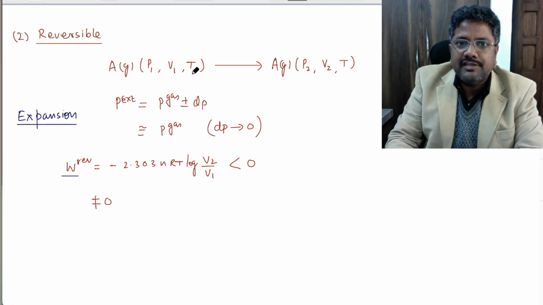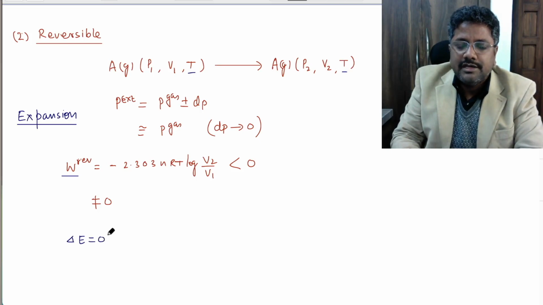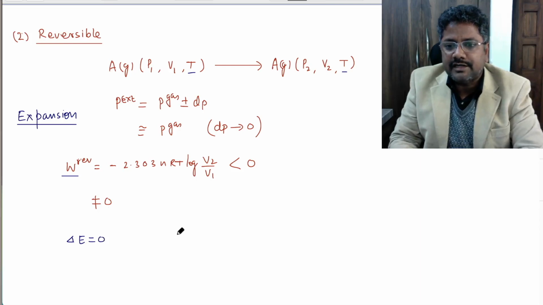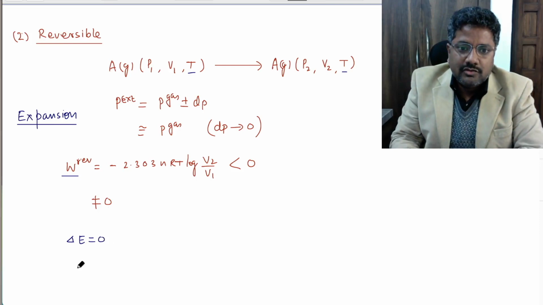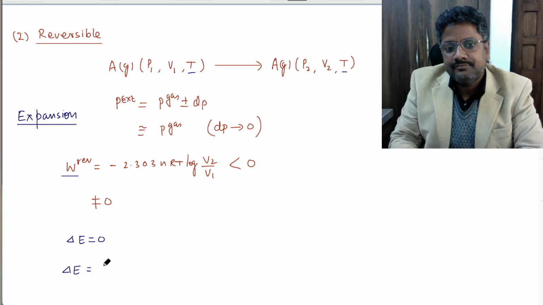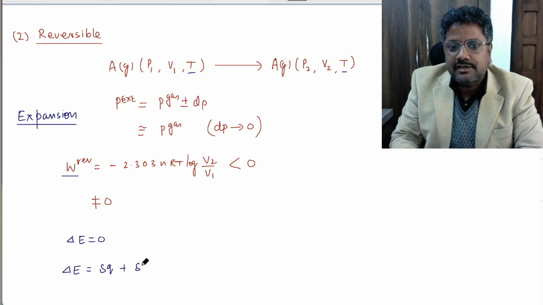Now temperature is constant. Since temperature is constant, delta E is equal to 0, because T is constant and internal energy is a function of temperature only. So what about delta Q? Delta E is equal to delta Q plus delta W, right?